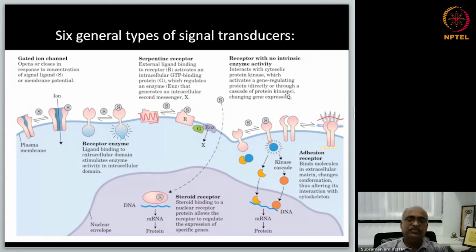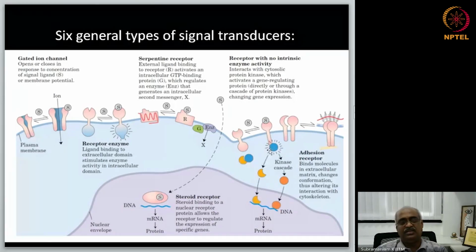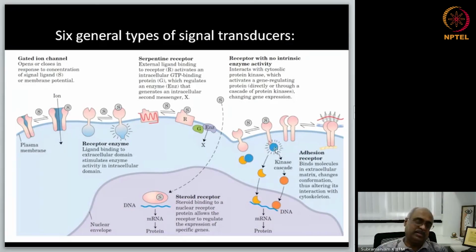And the fifth one is receptor dimerization, activating an enzyme that is associated intracellularly with this membrane-bound receptor. So the receptor itself does not have enzyme activity, as you saw in the second example. Here the receptor binds, but then the receptor dimerization usually activates a protein kinase.